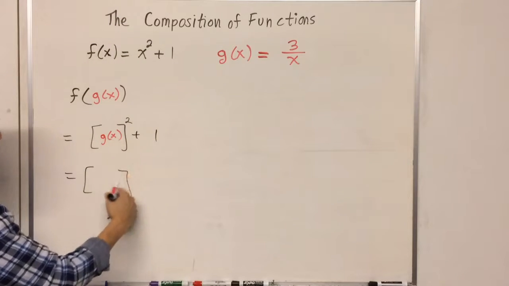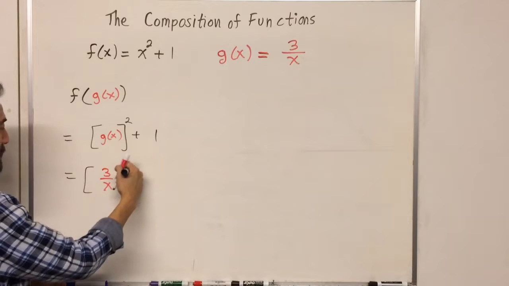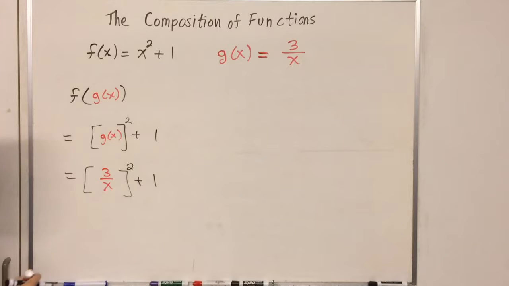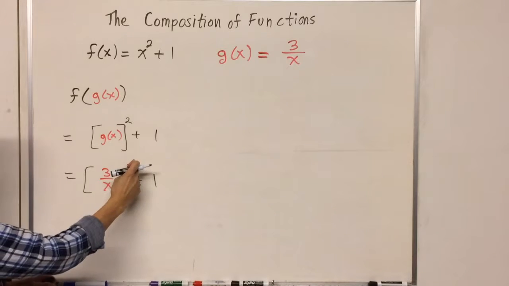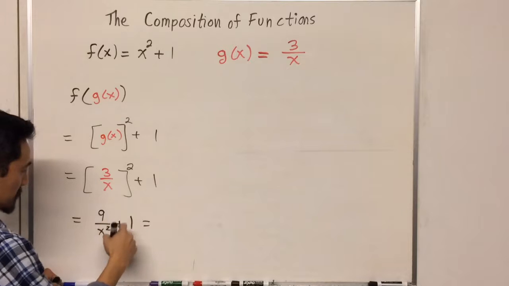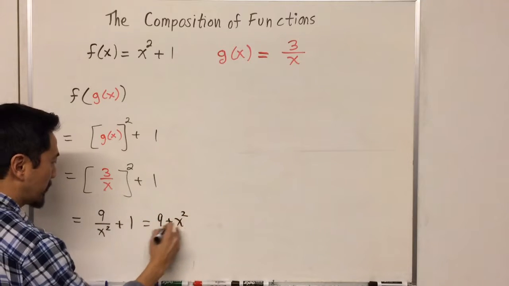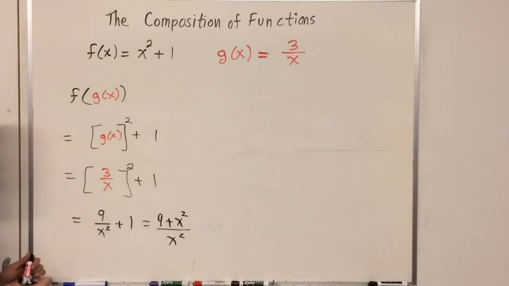But g in red is that fraction, 3 over x, quantity squared, plus 1. Now apply that power. You get 9 over x squared plus 1. But when you find the common denominator, that'll give you 9 plus x squared over x squared.